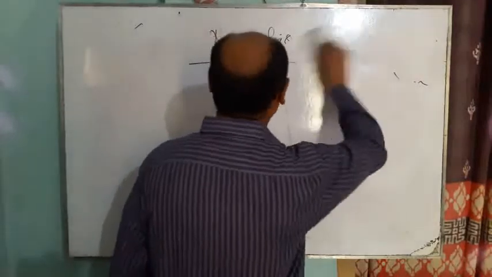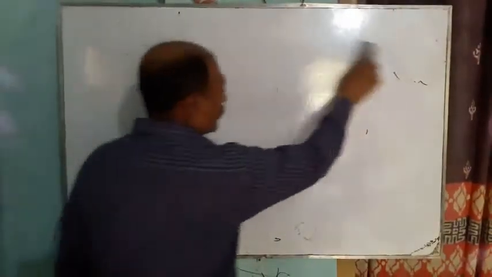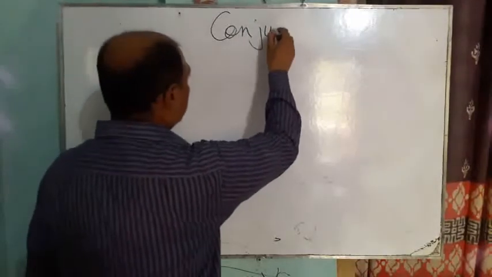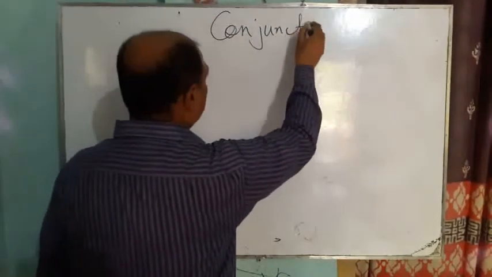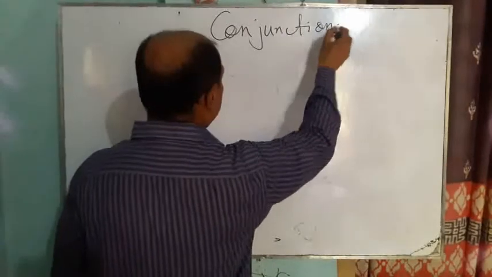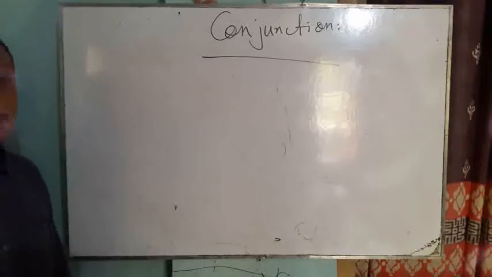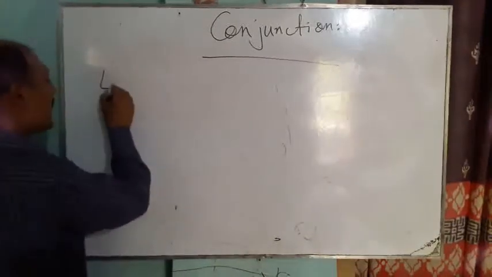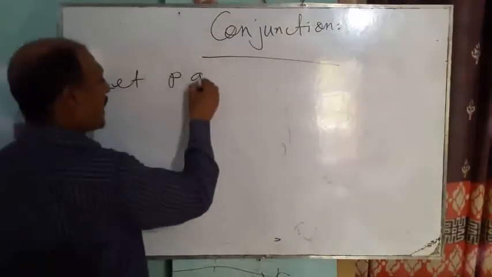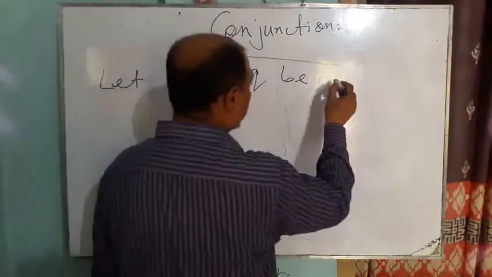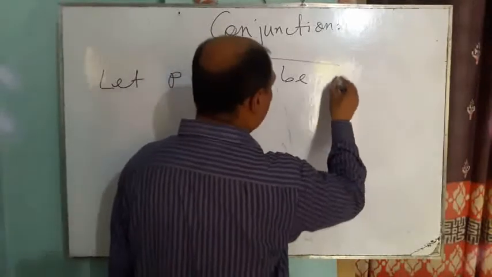Now we will learn the definition of conjunction. Let P and Q be propositions.